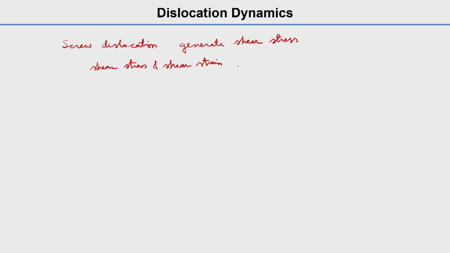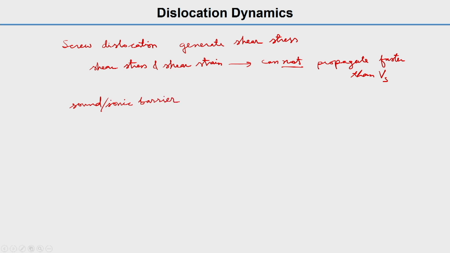These shear stresses and strains cannot propagate faster than the elastic shear wave velocity. So it is kind of a sound or sonic barrier. I think you probably have heard about this.